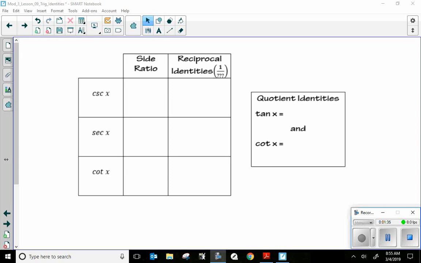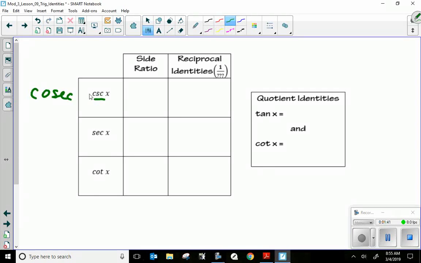So, this first one here, this CSC, that stands for cosecant. Cosecant, that's how you spell it. Now, that is the flip, the reverse of sine, meaning cosecant is the same thing as 1 over sine. It is the reciprocal of sine. We'll put an X here because it's an X right here.